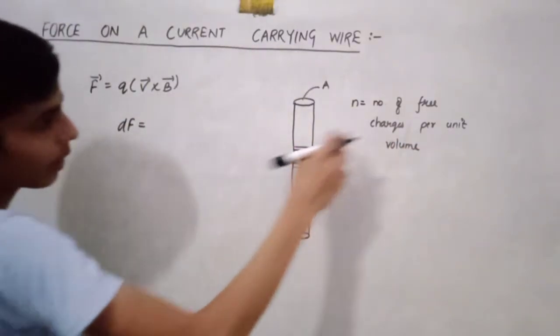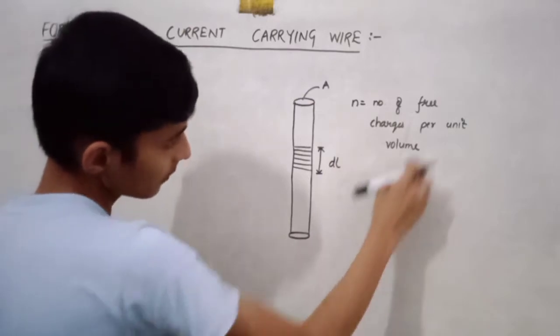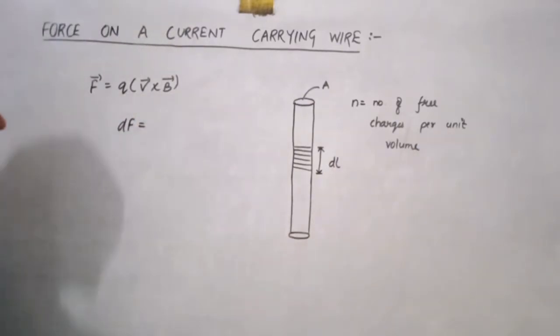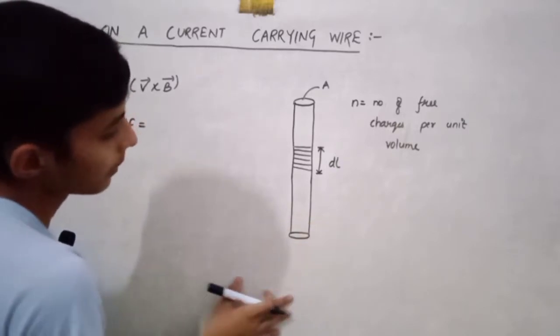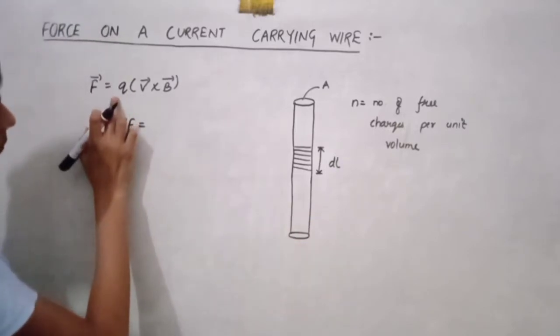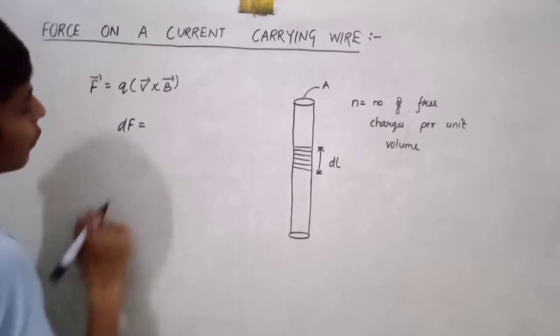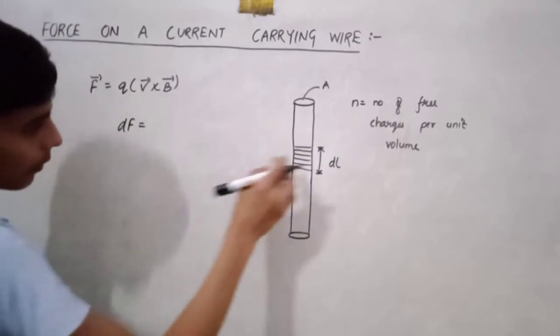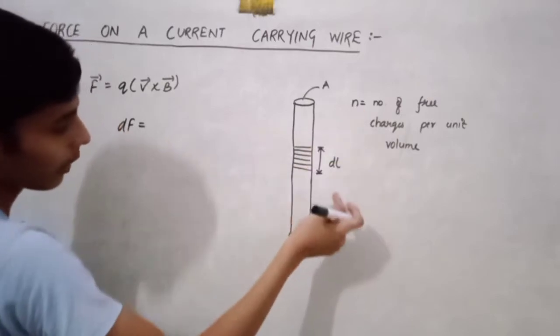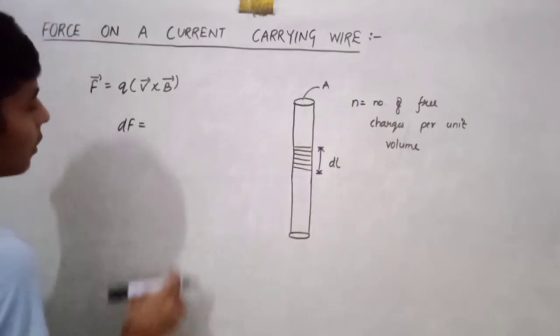This wire has n number of charges per unit volume. The charge carriers in this wire are electrons. So in place of Q we have to put volume into n into electron.